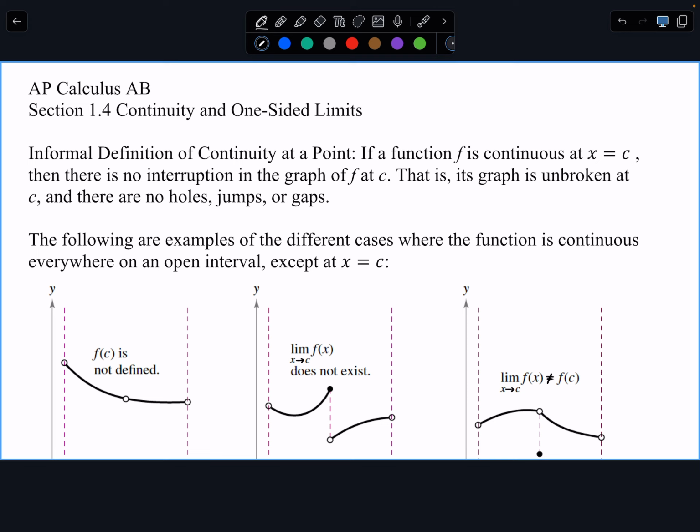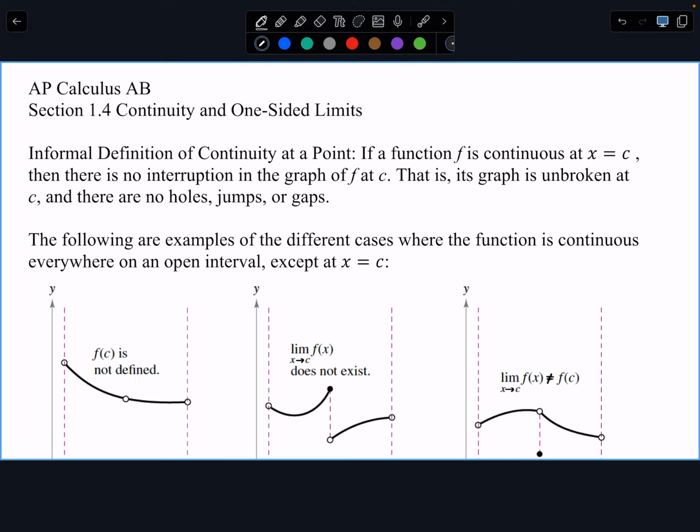In pre-calc, if you can trace your pencil along the ground without having to lift it, then the function's continuous. Like that's a weird definition, right? Or anytime you have to lift your pencil, then it's a discontinuity.